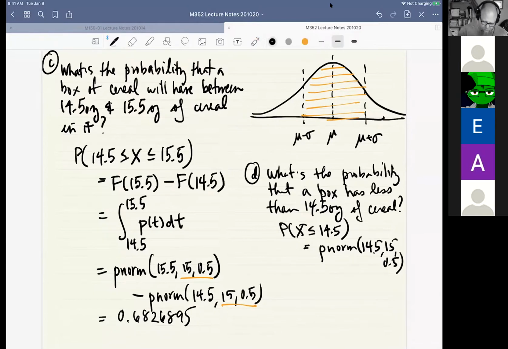So in our problem, our mean minus our standard deviation was 14.5. Our mean plus our standard deviation is 15.5. What we're asking here is, what's the probability that our random variable has a value less than 14.5?